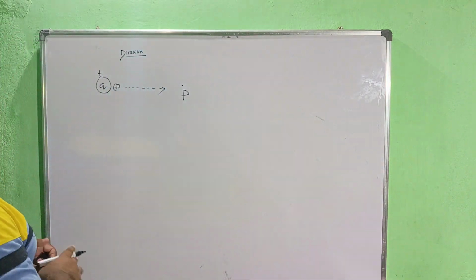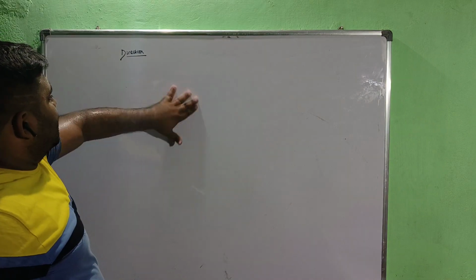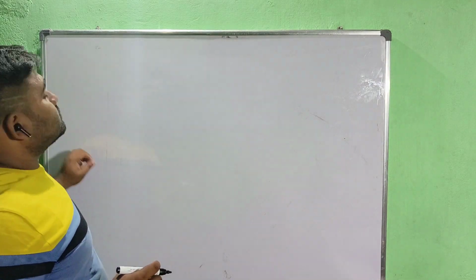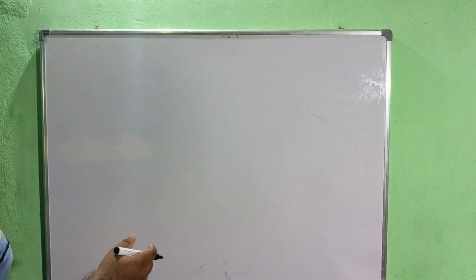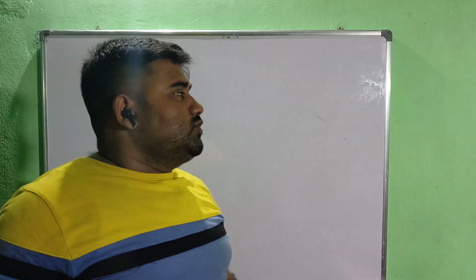So now let us find some other concept and get involved in those concepts. We are going to find out the electric field due to a point charge. What should be the electric field due to a point charge? In the previous case, we considered a charged object having charge q.